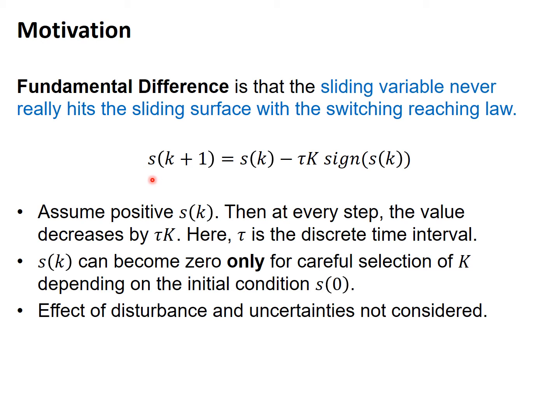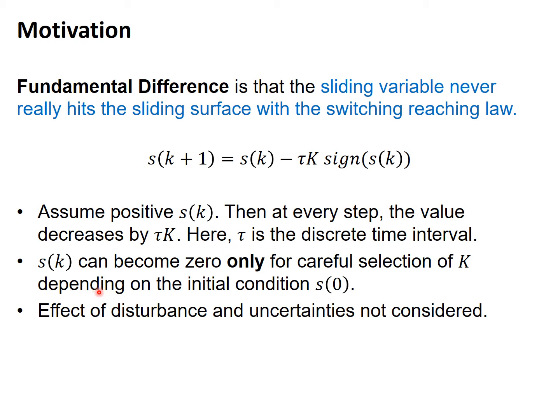The answer would be yes, but one has to carefully select this K depending on the initial condition s_0. If you know s_0 definitely, and you know tau, then you can carefully select this capital K so that at some instant of time your s_{k+1} becomes 0. Okay, after that you have to maintain that 0 by stopping this switching function.